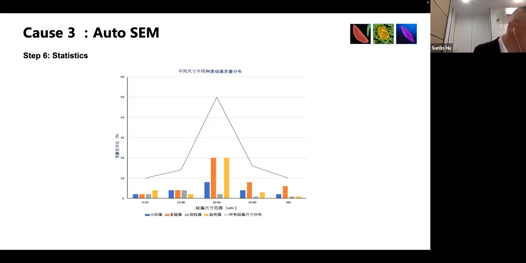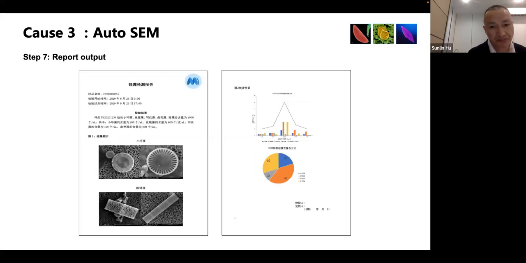Then statistical analysis can be done with the obtained data. In the end, a report with the qualitative and quantitative result will be produced.